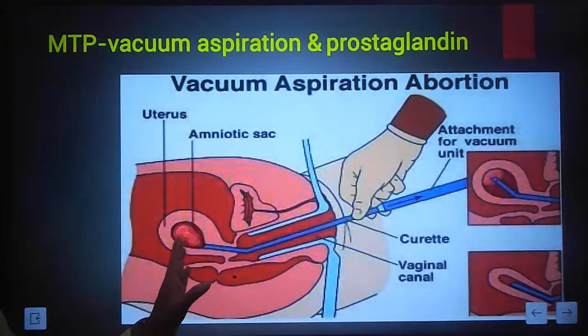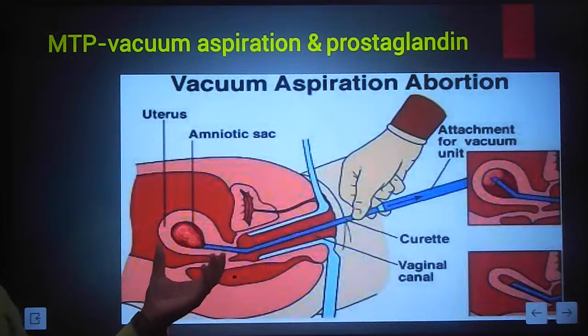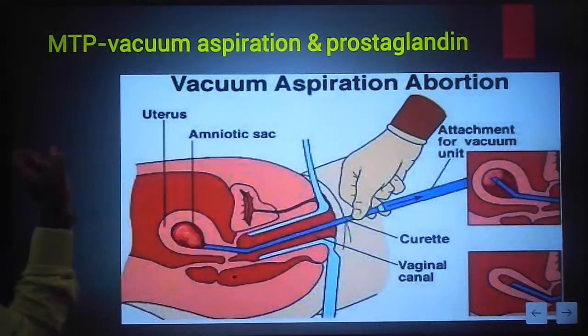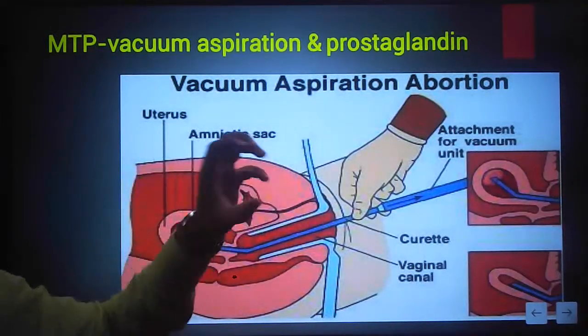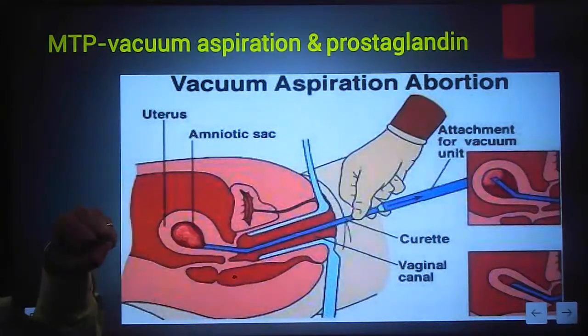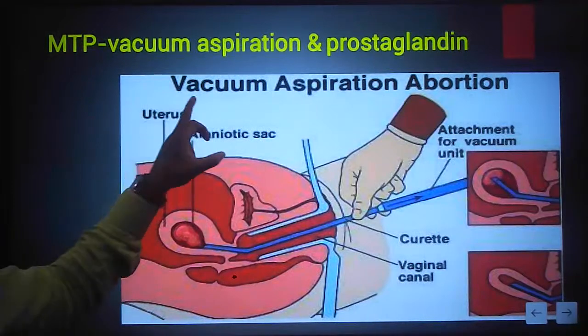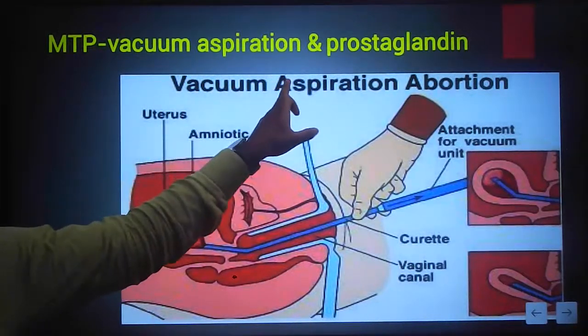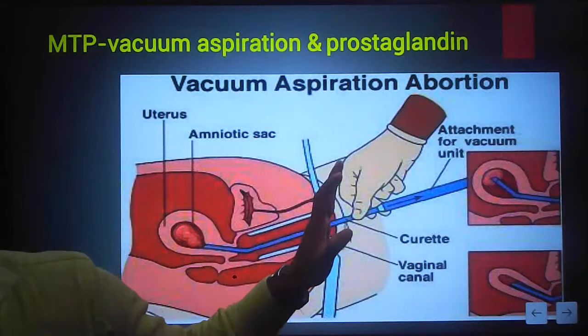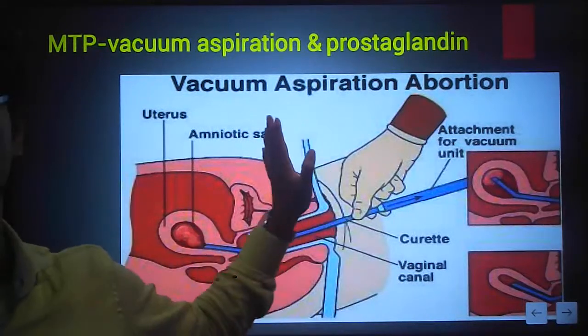This is not a completely developed fetus, it is an implanted ovum. They aspirate using the vacuum at a specific pressure and suck out the implanted ovum. This is called vacuum aspiration. It can be done only up to 12 weeks.